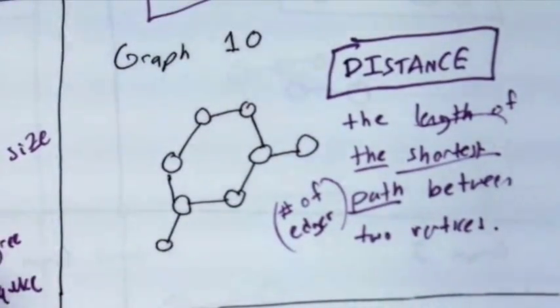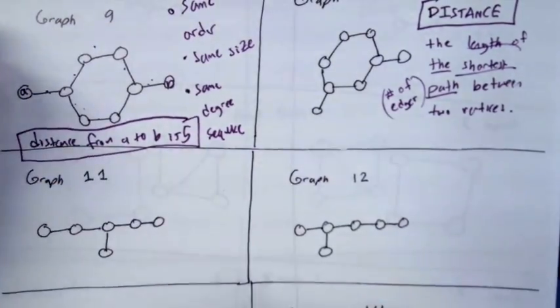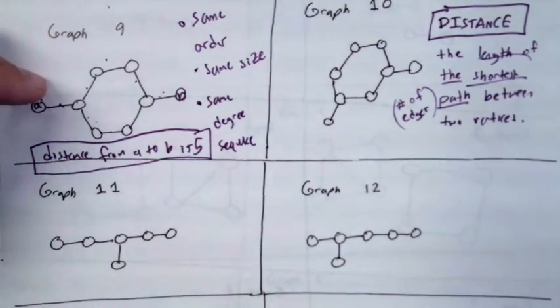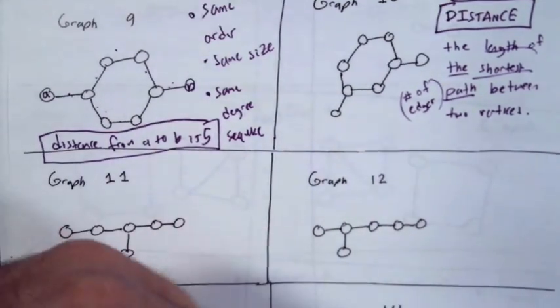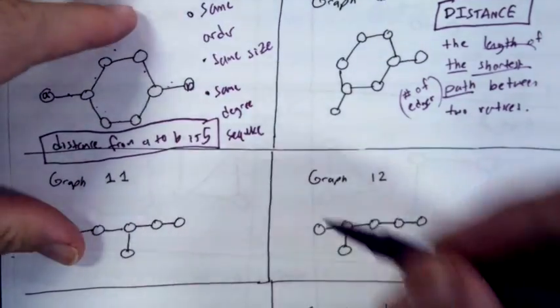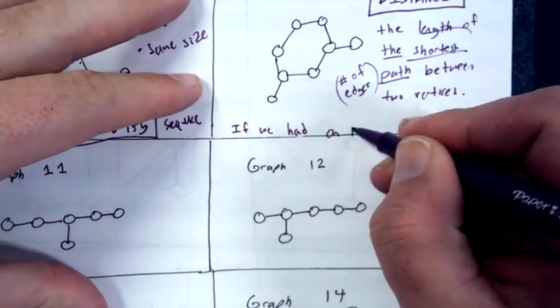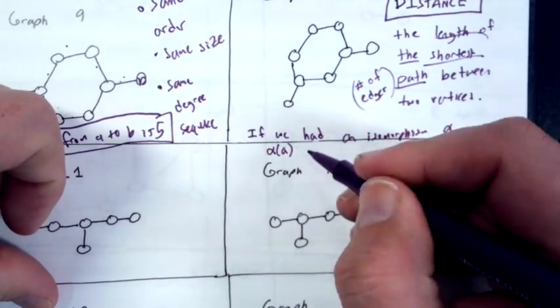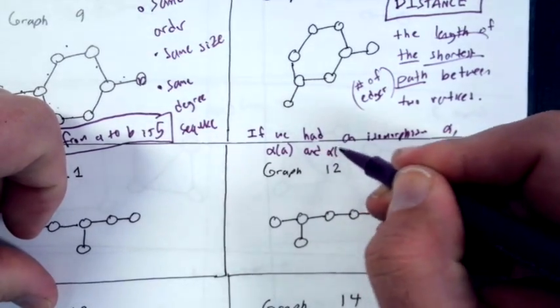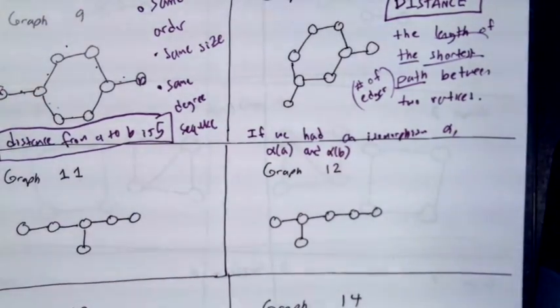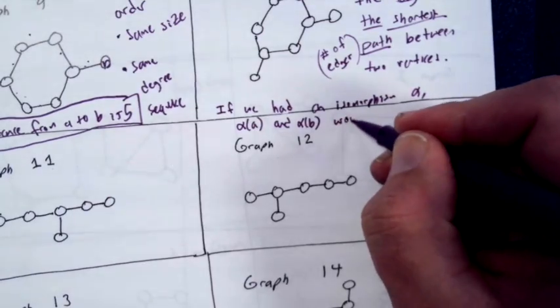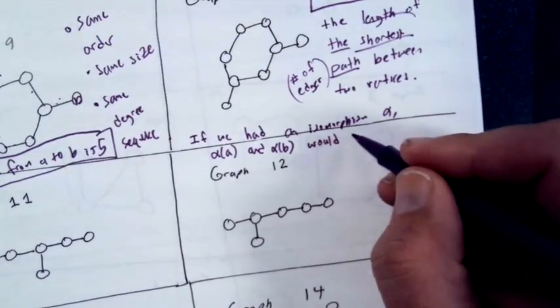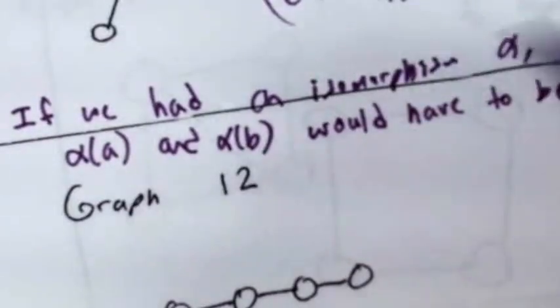Now, each of the A and B that I've labeled is a vertex of degree 1. So if we had an isomorphism alpha, alpha of A and alpha of B would have to be vertices of degree 1, because an isomorphism is going to preserve the degree of individual vertices.